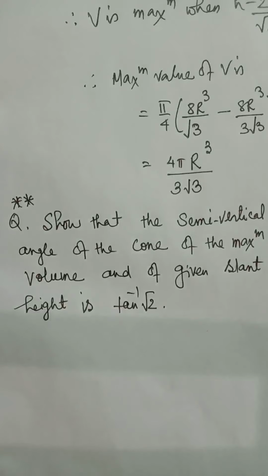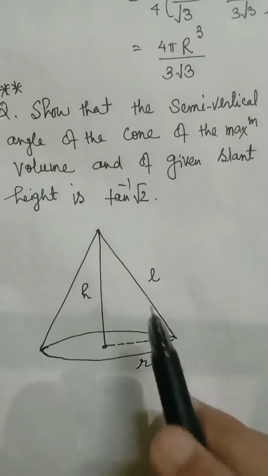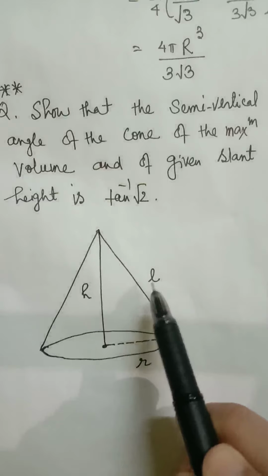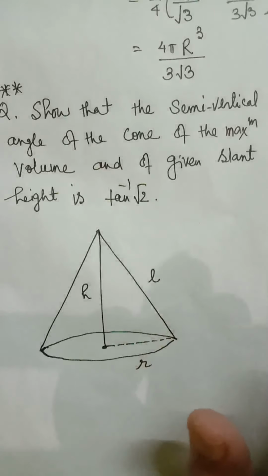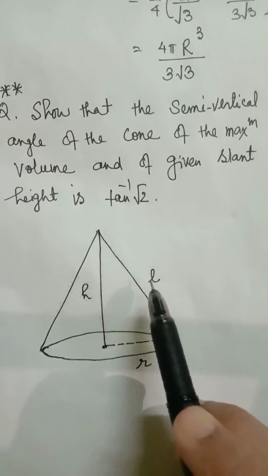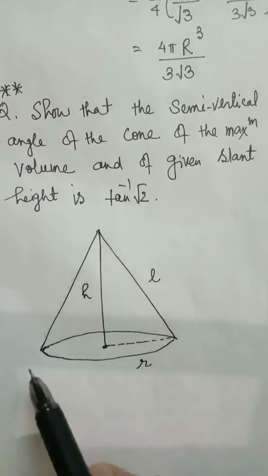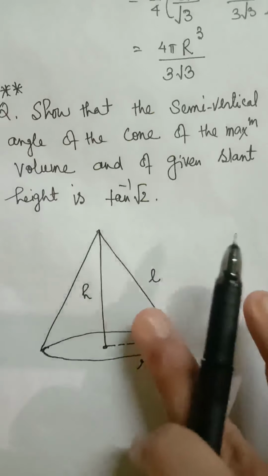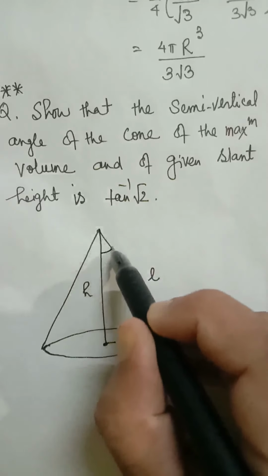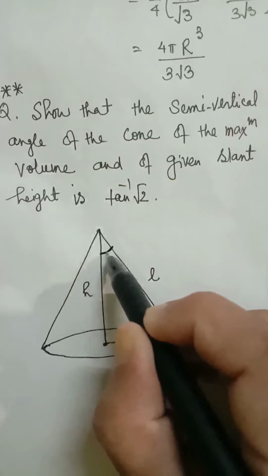Let us draw a rough sketch of the cone. Let us consider the cone with the given slant height L. With slant height L, if we draw different cones, then the cone whose volume is maximum, its semi-vertical angle, that is this angle, will be tan inverse of root 2.